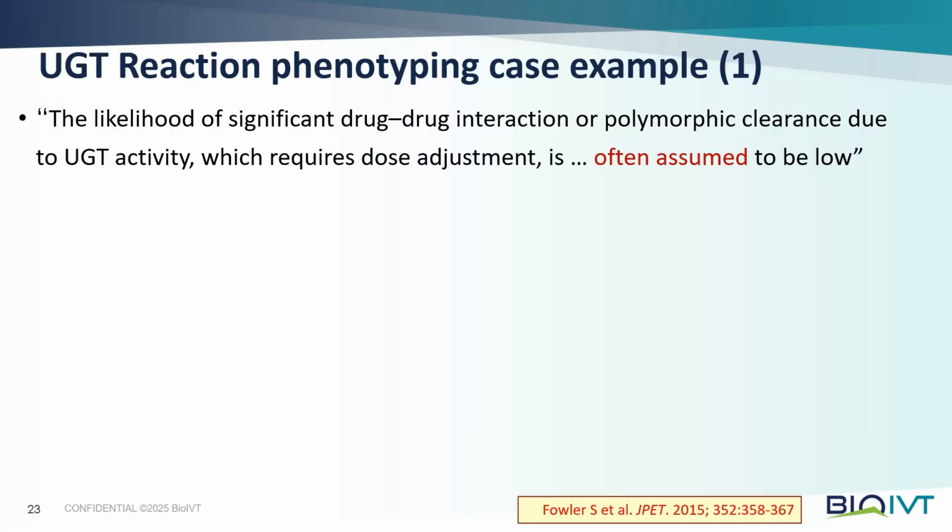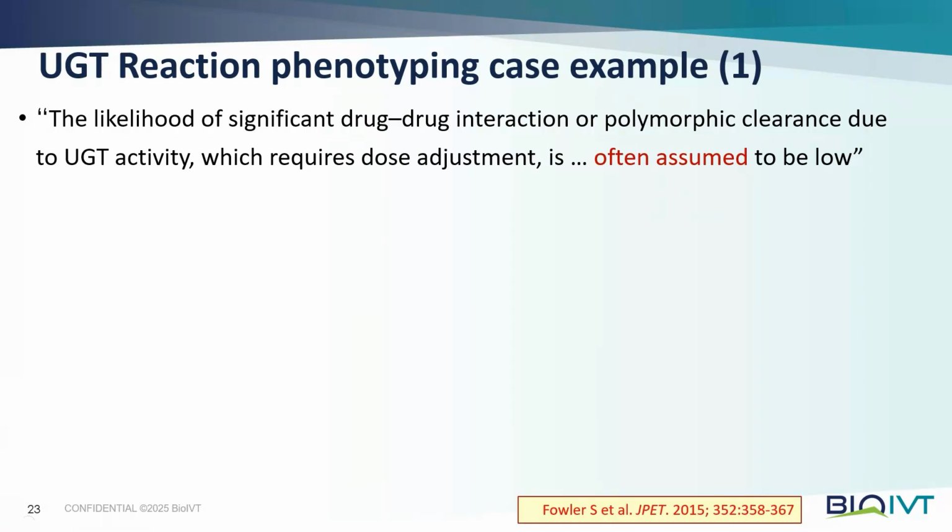So this is a UGT reaction phenotyping case example, going back to a paper from Stephen Fowler from 2015. This is one of those papers that when I read it, I really stood up and took note. This was a paper that quoted this phrase, which I think I've heard a number of times: the likelihood of significant drug-drug interaction or polymorphic clearance due to UGT activity, which requires dosage adjustment, is often assumed to be low.